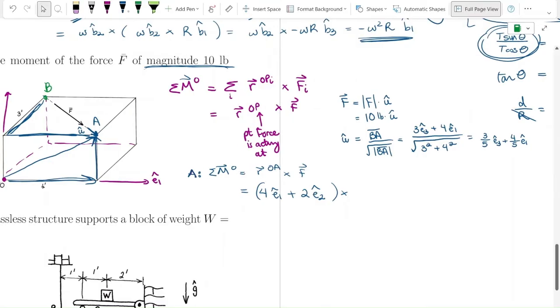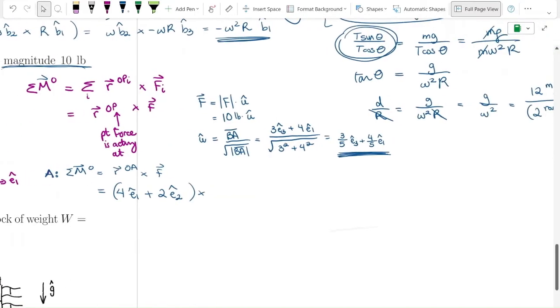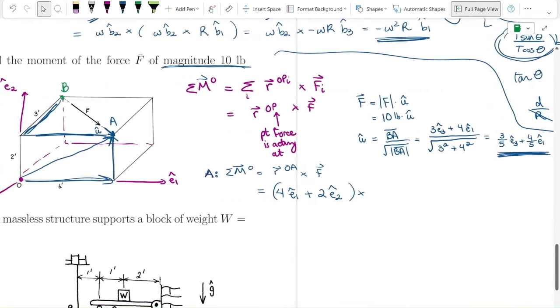Okay, this is a unit vector, and notice how this has magnitude 1. If I found the magnitude of u hat, it's 3/5 squared plus 4/5 squared, which gives me 25 over 25, and then you square root that, and that is 1. So this makes sense, and it's a good check that it is magnitude 1, and it is in the same direction as the force vector.